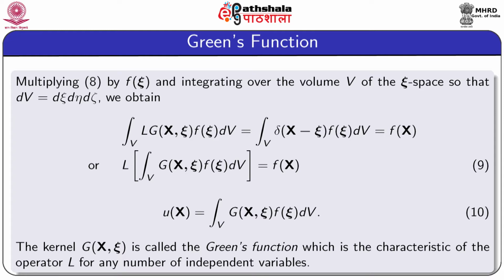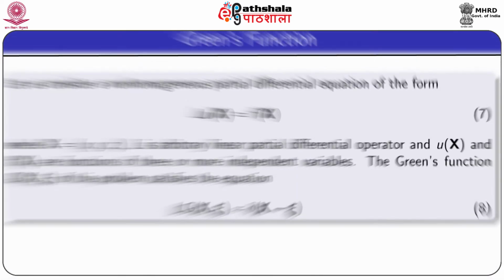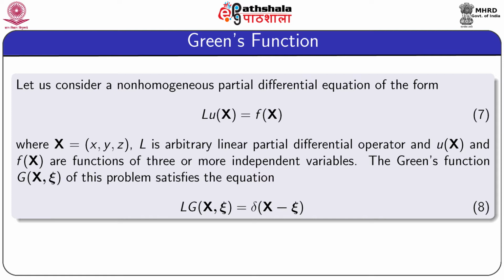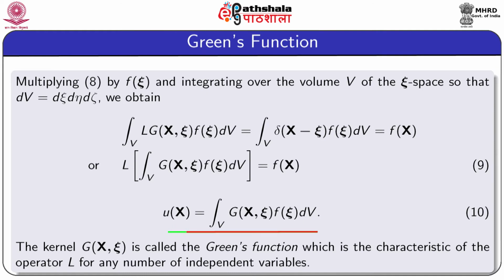Now, the quantity within the square bracket can be taken as our u(X), or our required solution. Therefore, the solution of the given equation 7 can be written as u(X) equals the integration over V of g(X, xi) f(xi) dV, where g is the Green's function and it plays the role of a kernel in this integration.